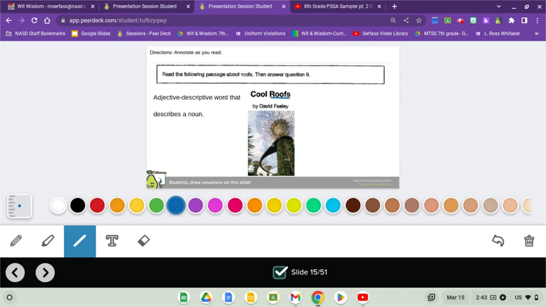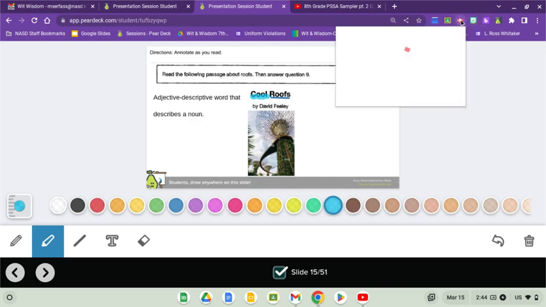Usually if you can kick it or you can think it, it's a noun. Now switch over to a blue highlighter, please. Notice we've got cool roofs. Well, cool is our adjective here, right? So we're going to highlight that blue. Boom.